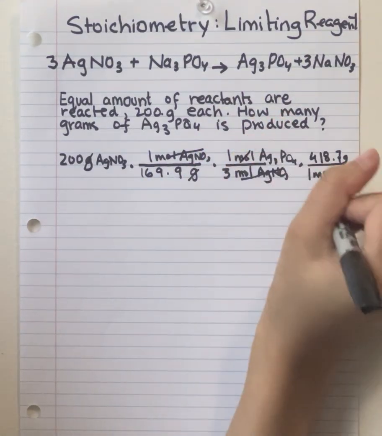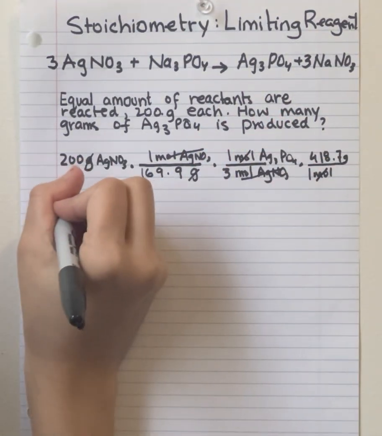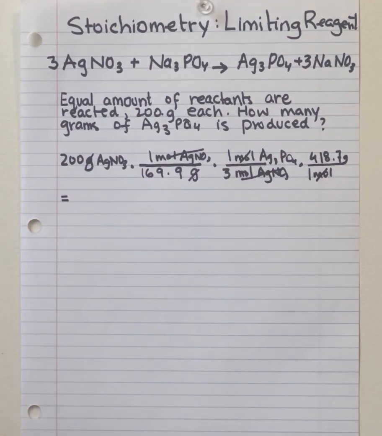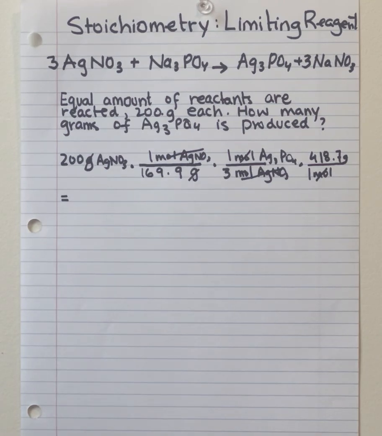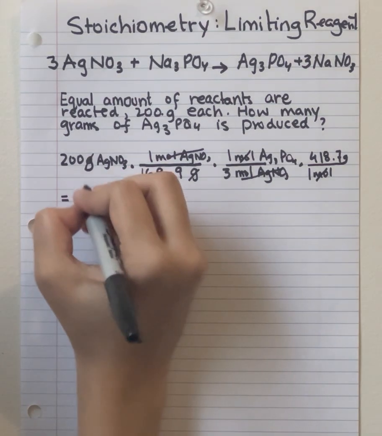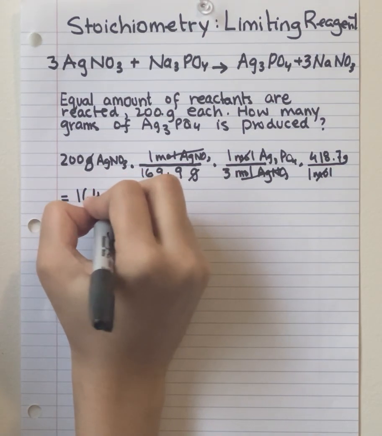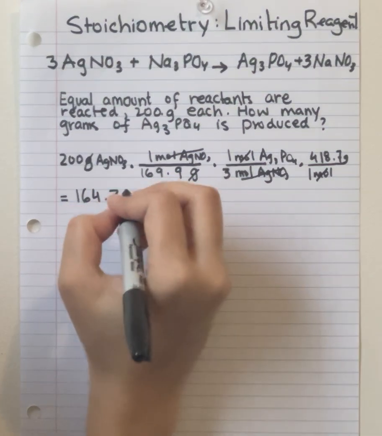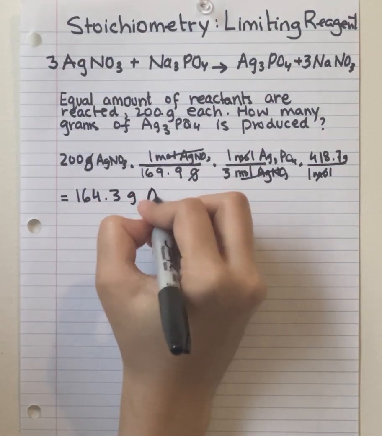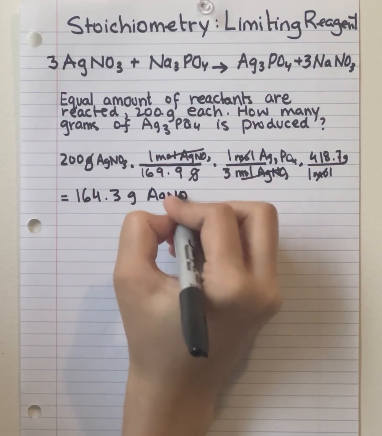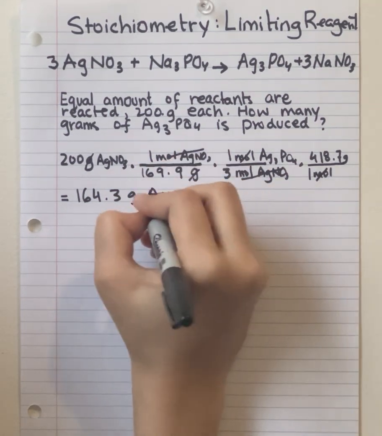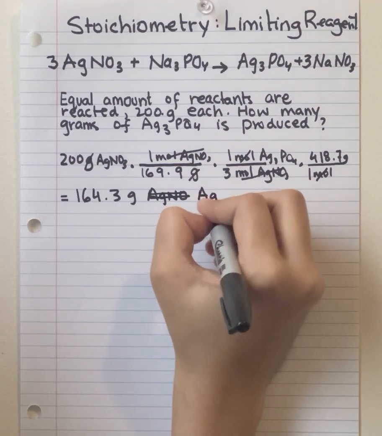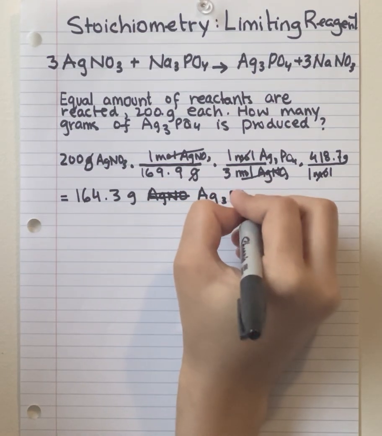So moles get canceled. Now we can calculate our numbers, and we get 164.3 grams of silver phosphate.